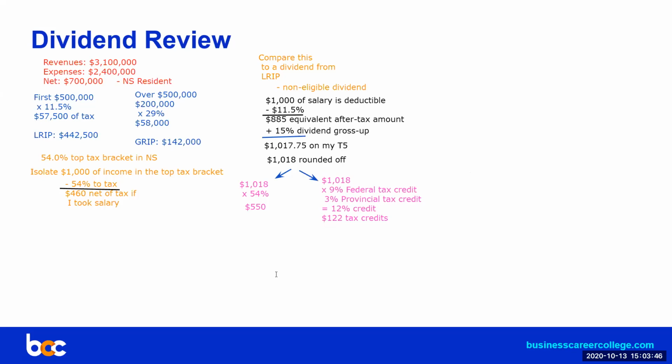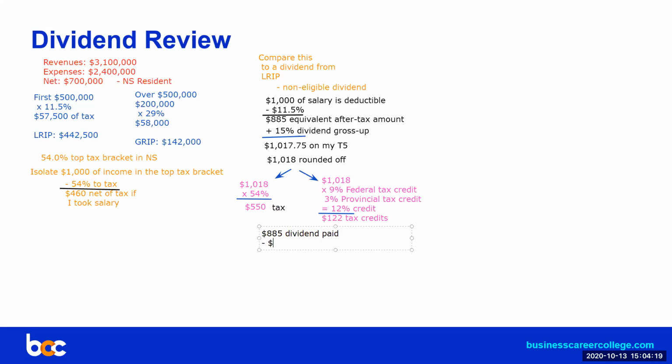Okay. So my net position here, what was the actual amount of dividend that I got? What was the check the corporation wrote to me? The amount paid was $885. Okay. So there's an $885 dividend paid.